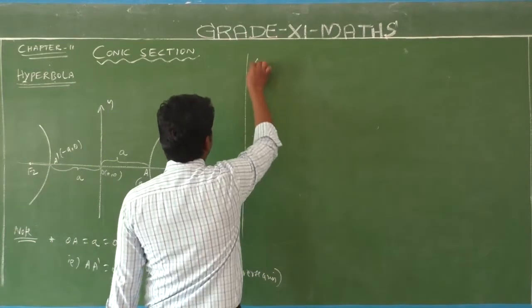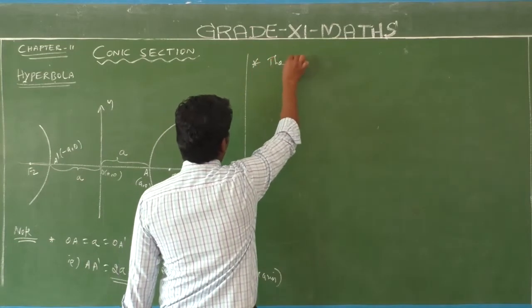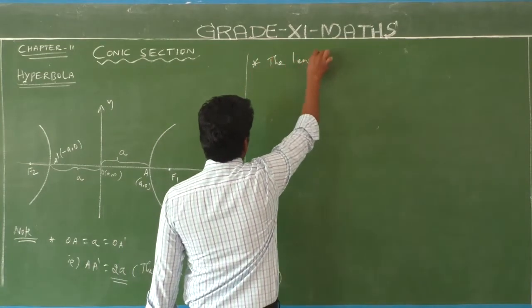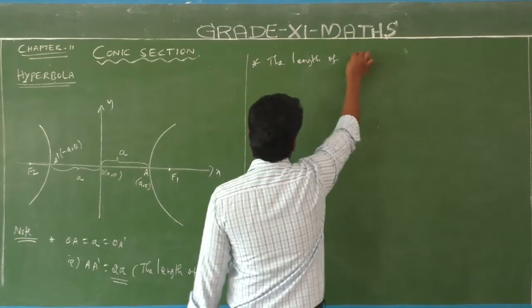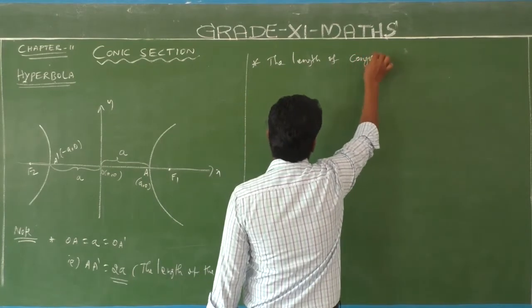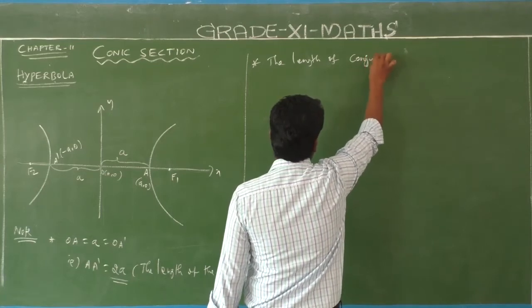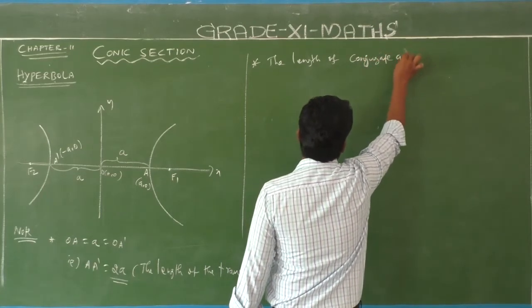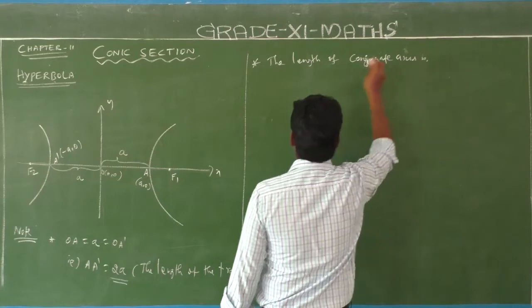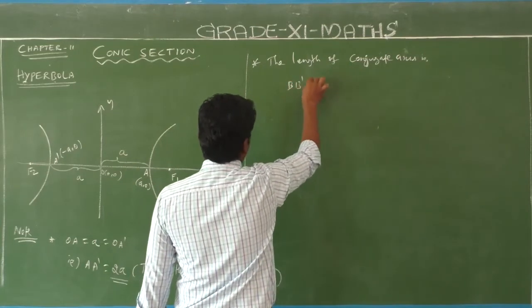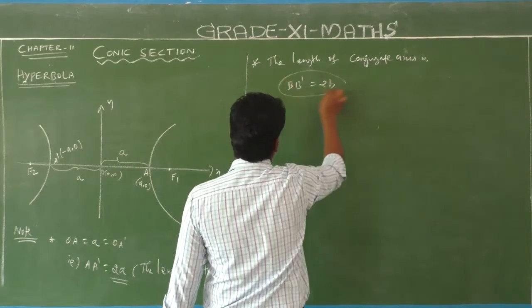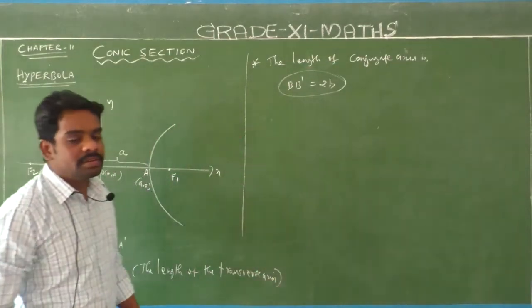Next, the second one: the length of the conjugate axis is BB dash, equal to 2b.